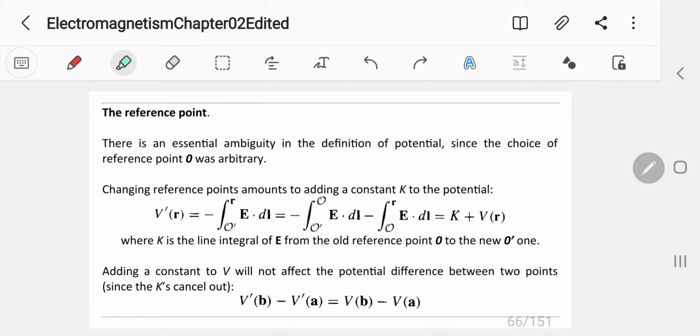As you can see from here, you have an arbitrary reference point.